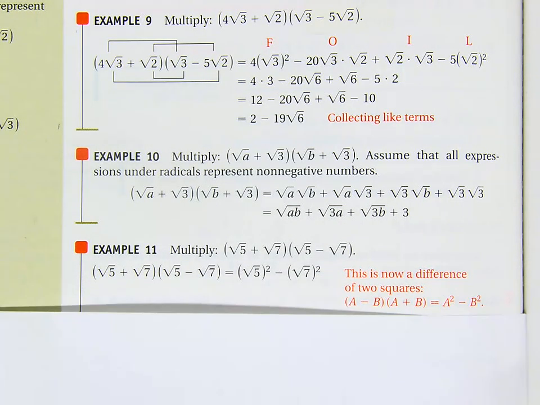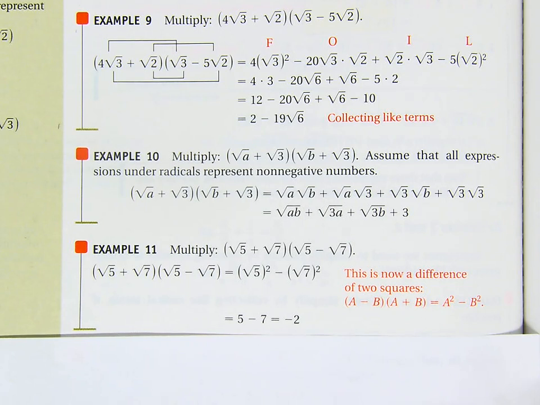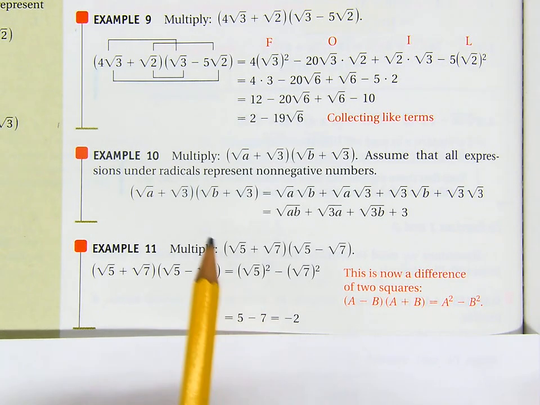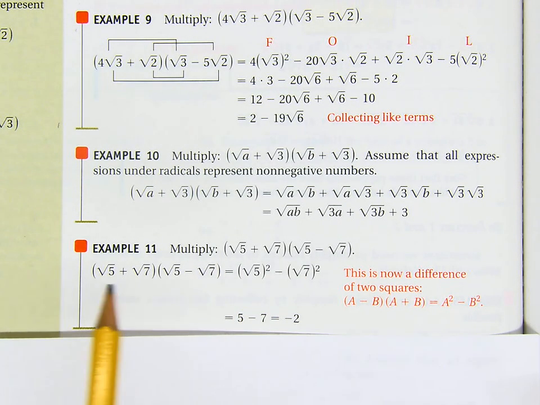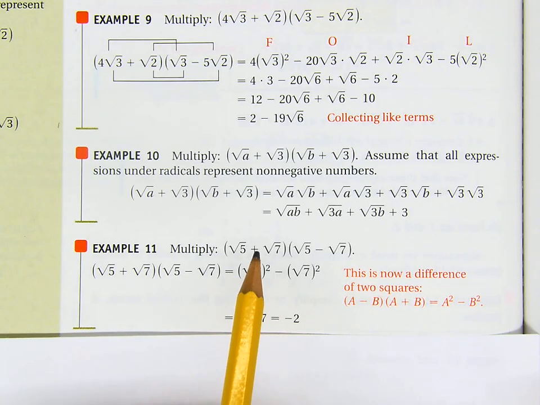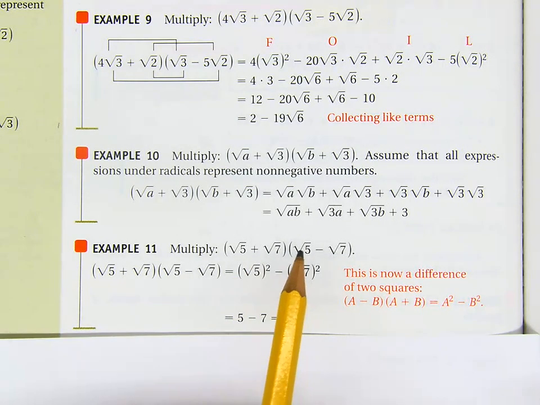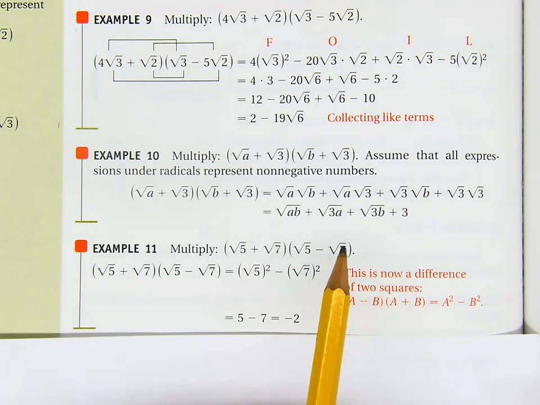So let's look at example 11. So on this one, we end up with a slightly different situation because what we're going to end up with is actual final answer, because once we do our front and our inners, now notice our inners, this is what they got going on here, is a positive and then a negative. Those end up canceling out.